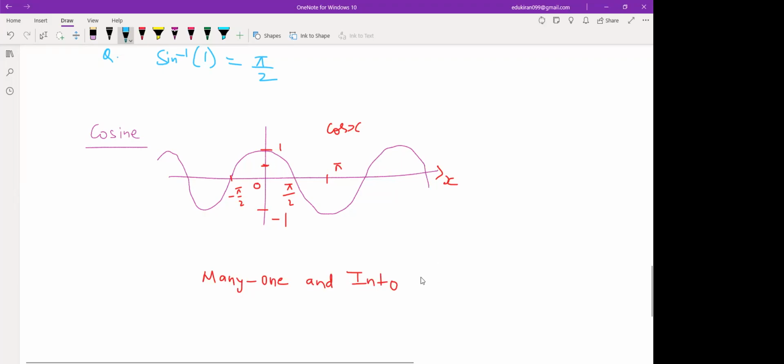So many one and into to one-one and onto. So which branch should we select? What will be the principal value branch?